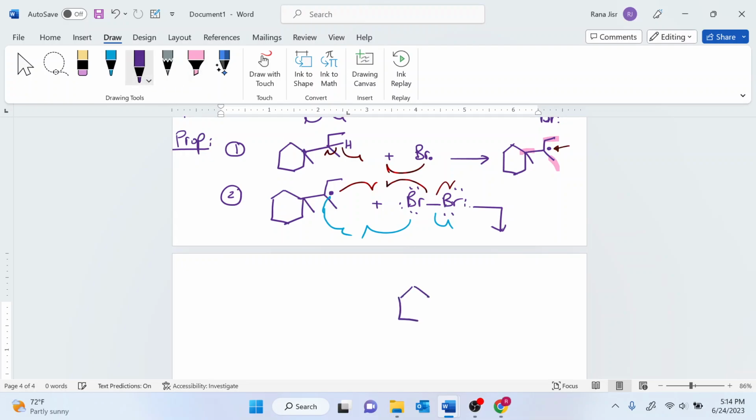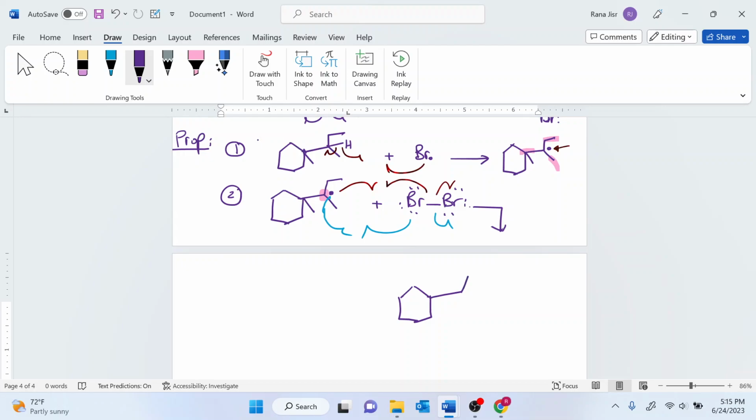So you have two possibilities in this case, and you have to consider the possibilities whenever you have a potential chiral center. Always remember that free radicals are planar, and planar intermediates will have the reagents attacking from both sides. So in this case, you will end up getting the following in there.